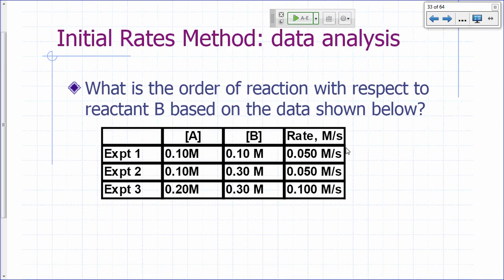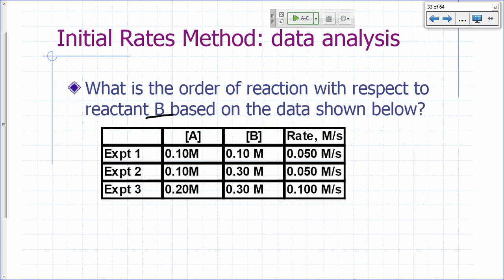Okay. Here's some data you might get. Okay, let's say you have a reaction between A and B carried out in the lab. Okay, what's the order of reaction with respect to B based on the data shown below? So if I want to know the order of reaction with respect to B, what two experiments would I have to do? I have to change what? Concentration of B, right?